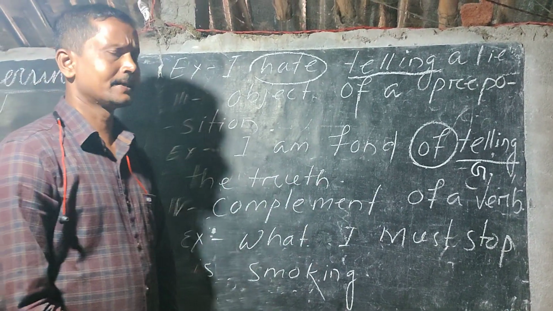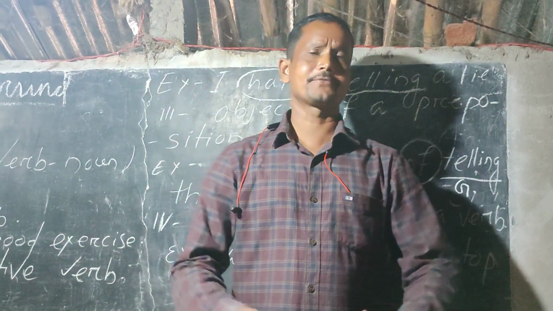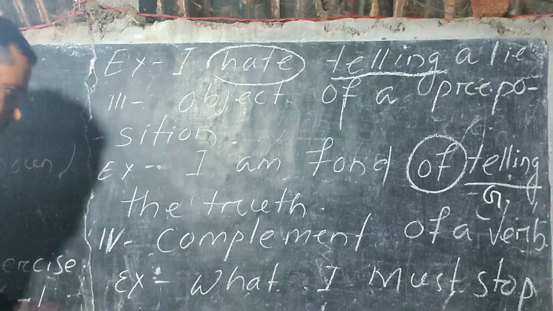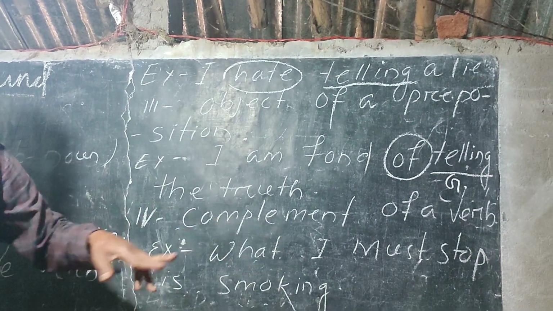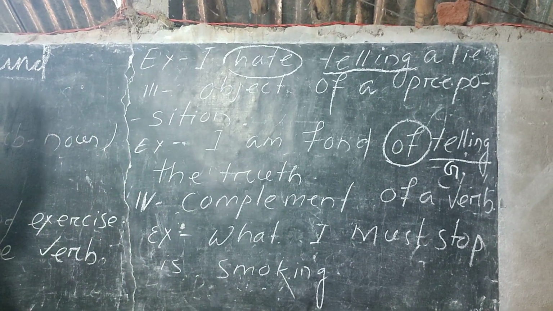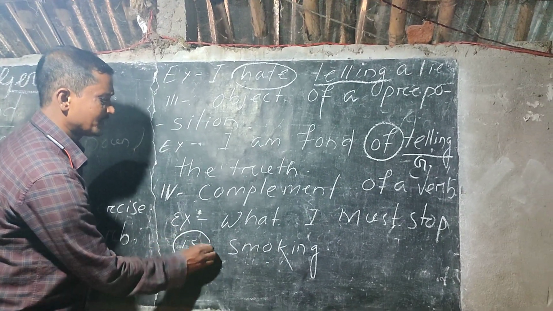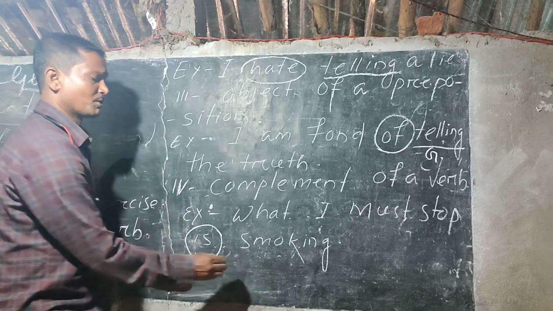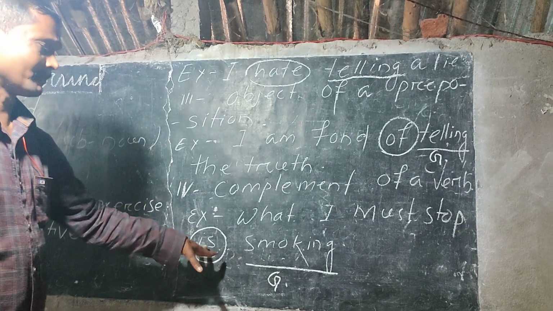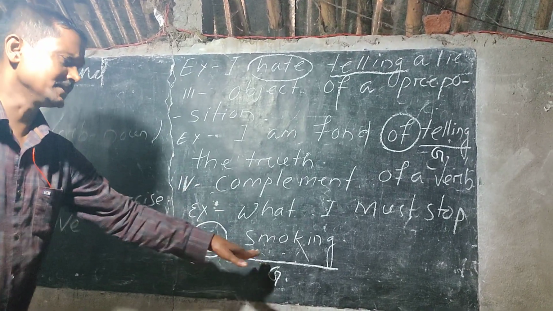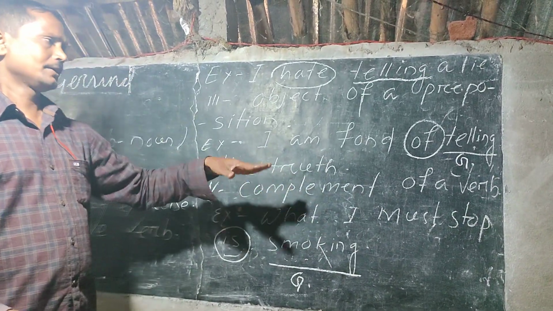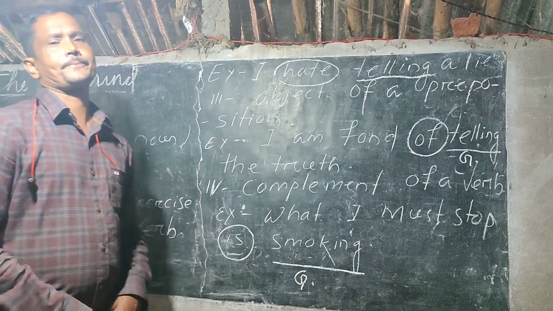Complement of a verb means complement of a be verb or complement of a link verb. Example, what I must stop is smoking. And here be verb is used, is, and smoking is the gerund. And immediately after be verb or link verb, if the gerund is used, that type of function is known as complement of a verb.